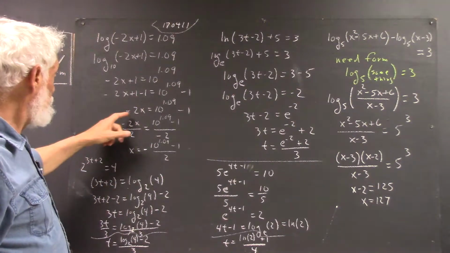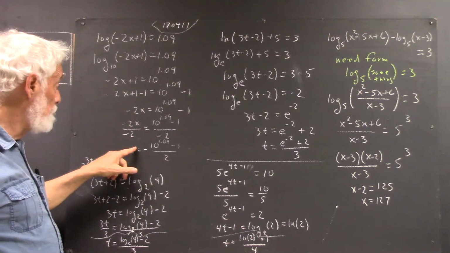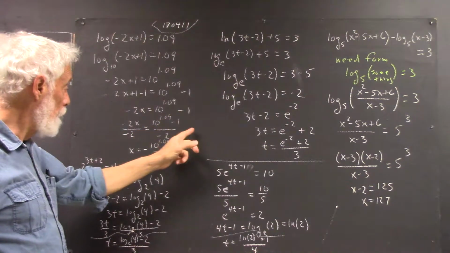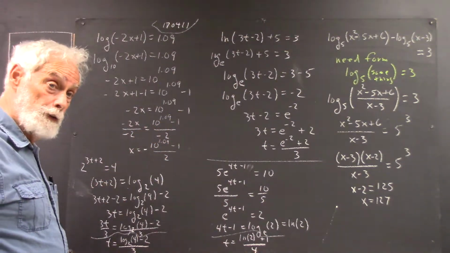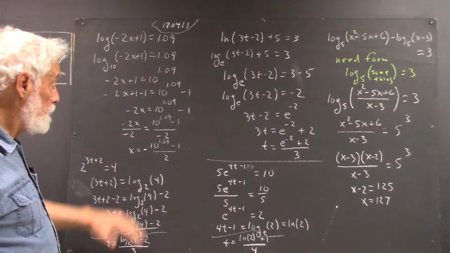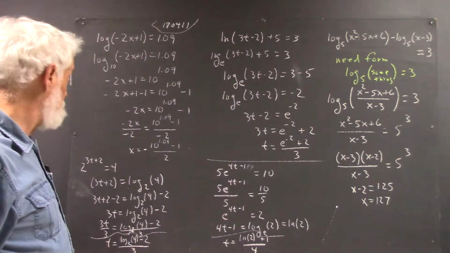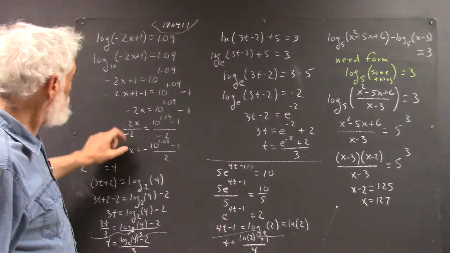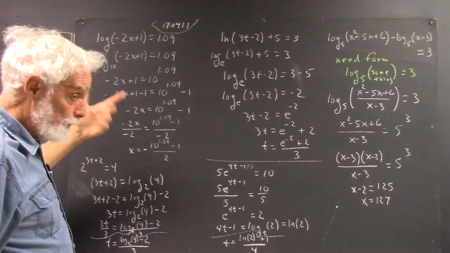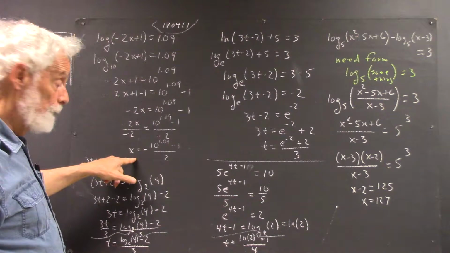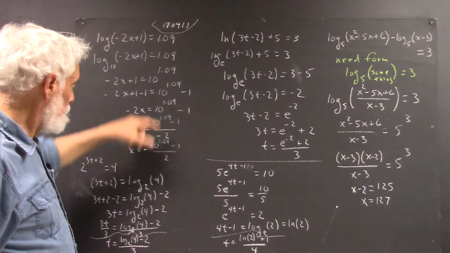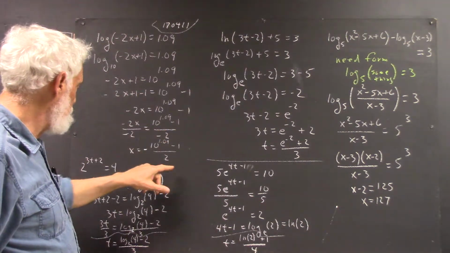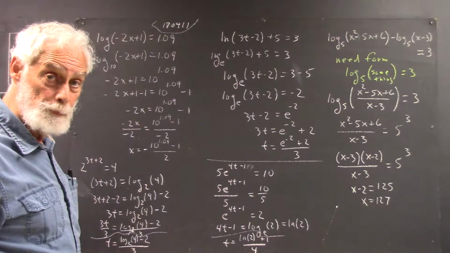So we have negative 2x divided by negative 2 equals this right-hand side, all of this divided by negative 2. So we divided this side by negative 2, and we divided this side by negative 2. Okay, well, negative 2x over negative 2, well, we've got negative 2 over 2 times x, which is 1 times x, that's x. And that equals just what it was before, 10 to the 1.09 minus 1 divided by 2.